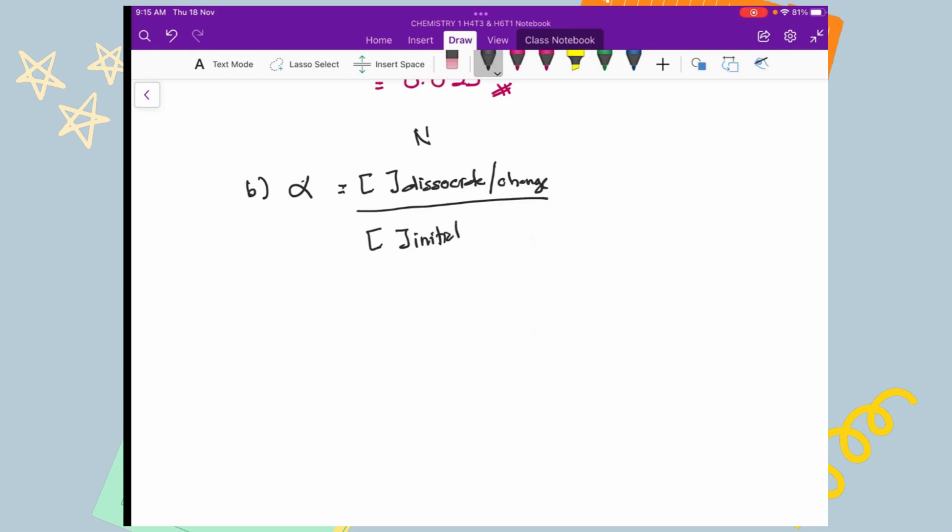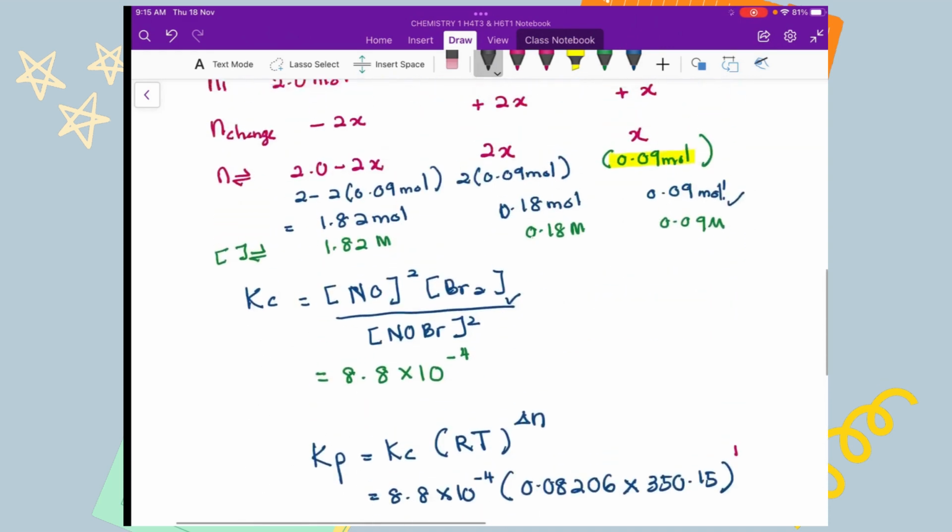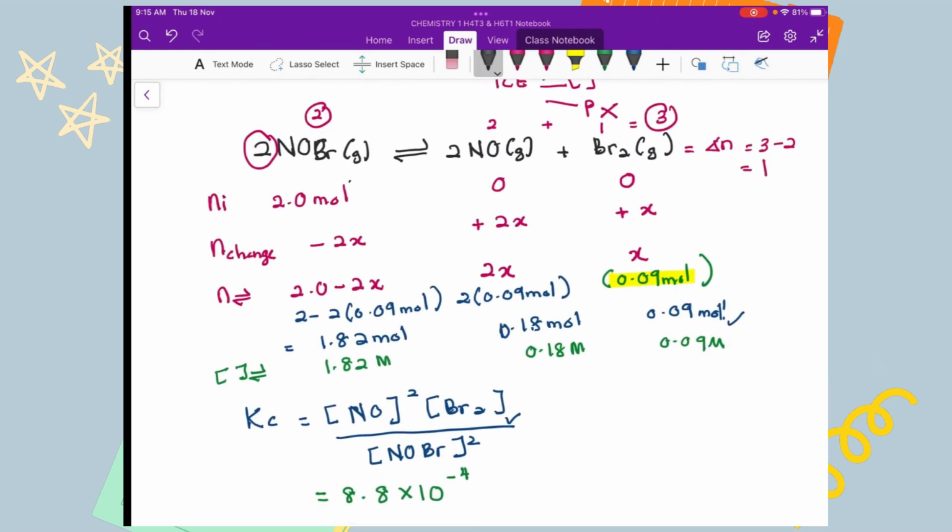This is for NOBr, nitrosyl bromide. If we look at our ICE table, this is the mole initial and this is the mole change. We already have the mole initial, which is 2 mole. If we convert to concentration initial, it becomes 2.0 molar. The concentration change is 2x, which is 2 times 0.09, becoming 0.18 mole, so it is equal to 0.18 molar.